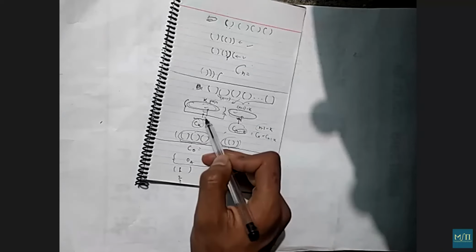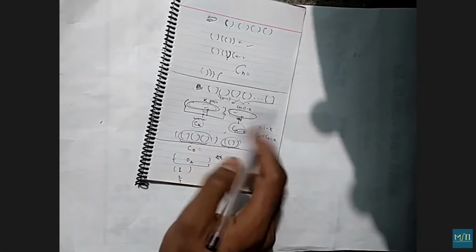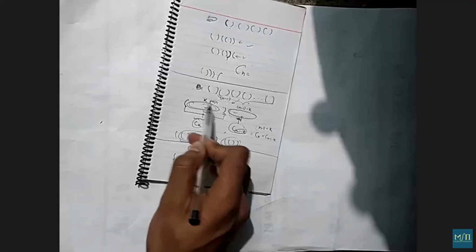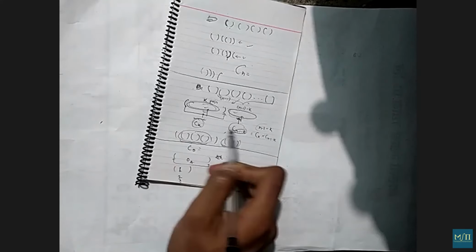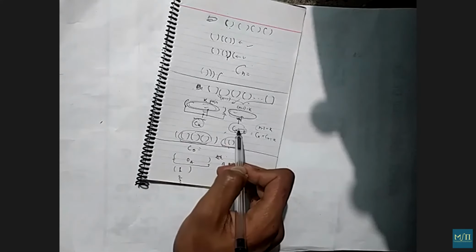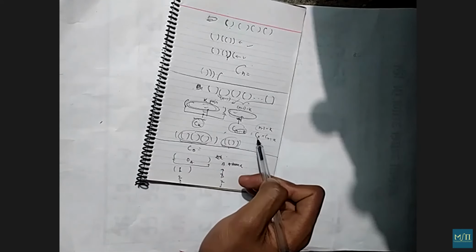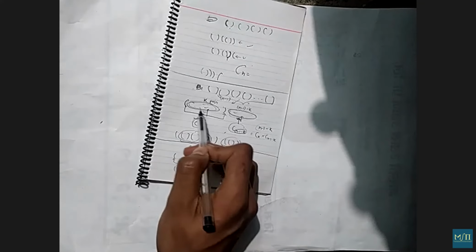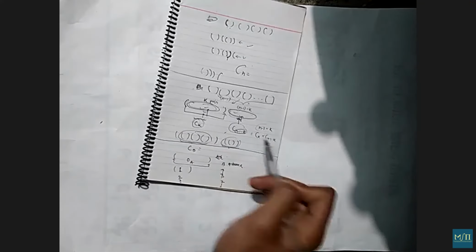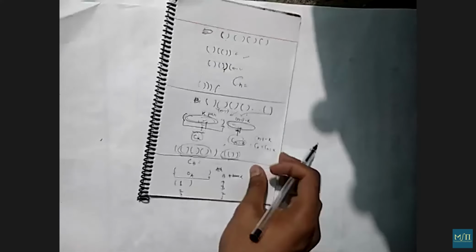So if you can fill this space with brackets in c_k ways, and this space in c_(n minus 1 minus k) ways, then the total number of ways of filling both spaces is c_k times c_(n minus 1 minus k).